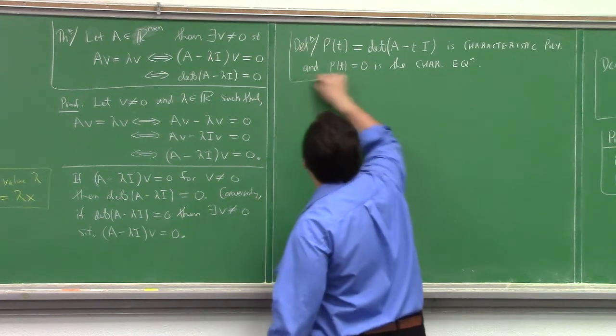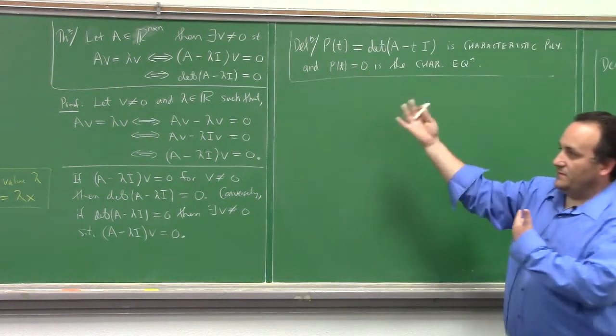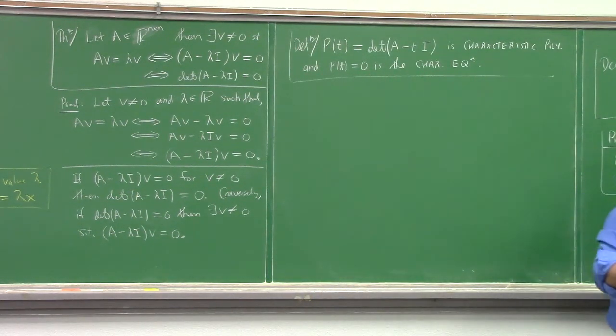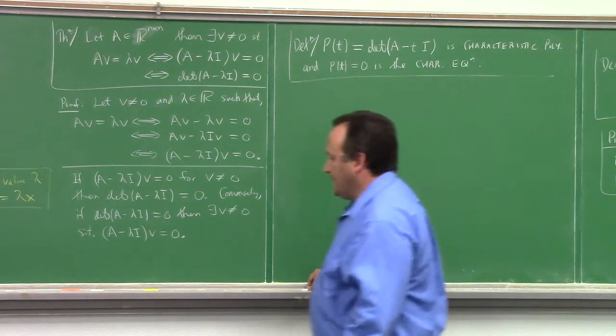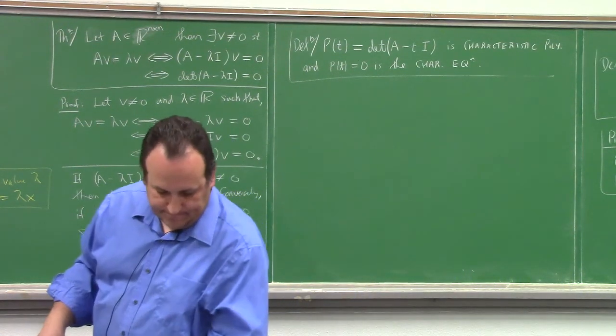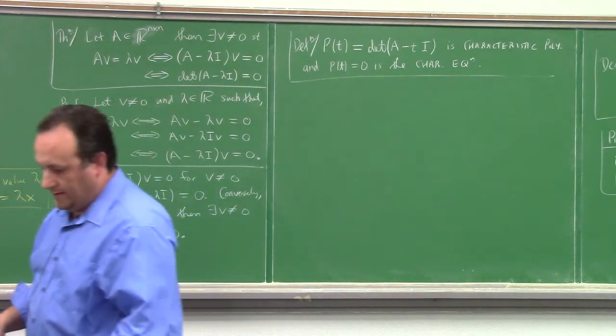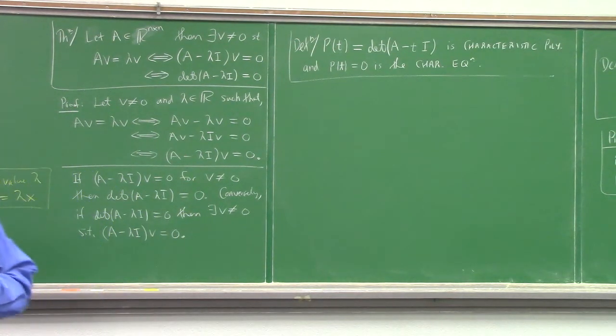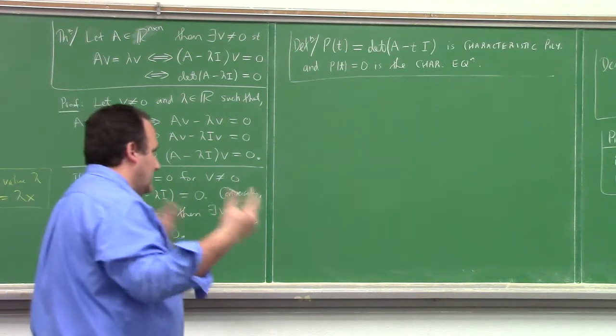Notice that we have immediately from the previous theorem and this definition that eigenvalues are zeros, solutions if you will, of the characteristic equation. Questions? Yeah, it's all good.